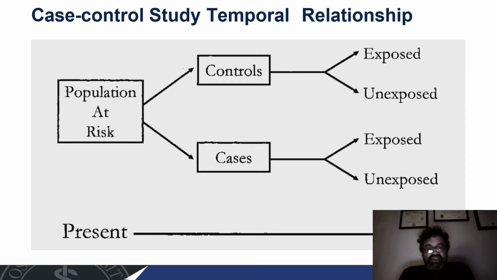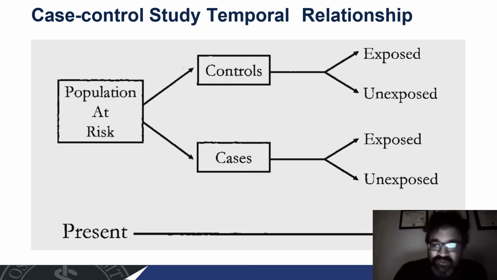So for case control, here's the present, and in the present time, you identify a population at risk. And then you split that population at risk into cases and controls. Then cases are split into unexposed and exposed, and controls are split into exposed and unexposed.